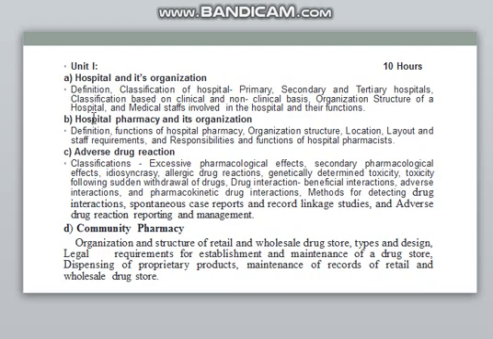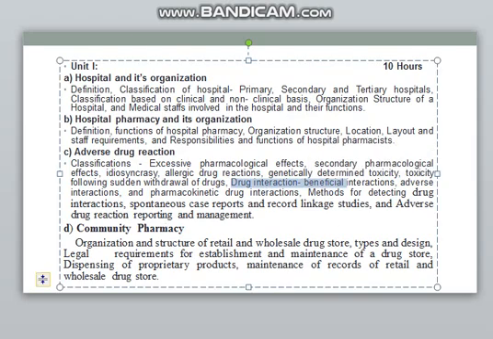After seeing the hospital and the hospital pharmacy, we have to check that the drugs given to patients are not causing any drug reactions. To monitor adverse drug reactions, we have to read about the different classifications of adverse drug reactions, and their drug interactions.